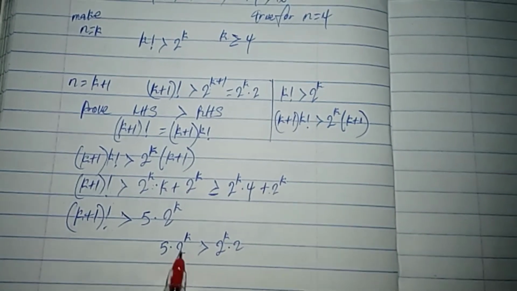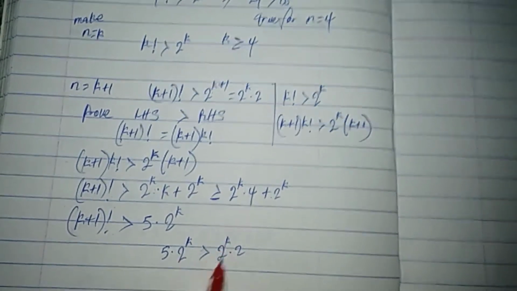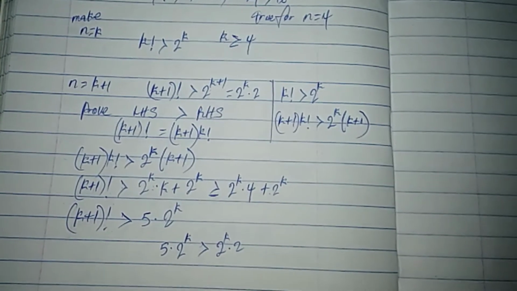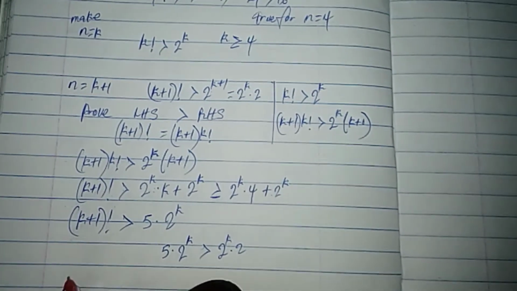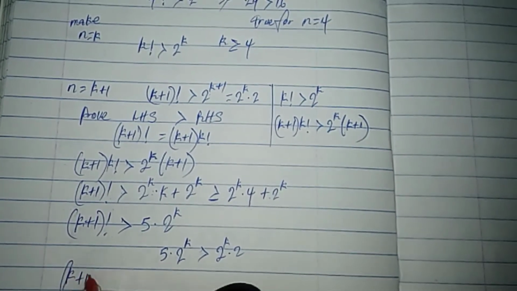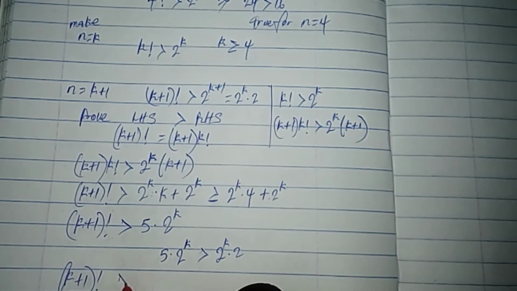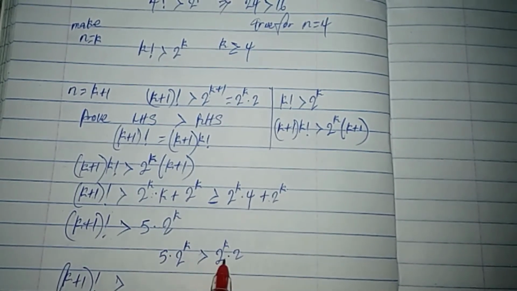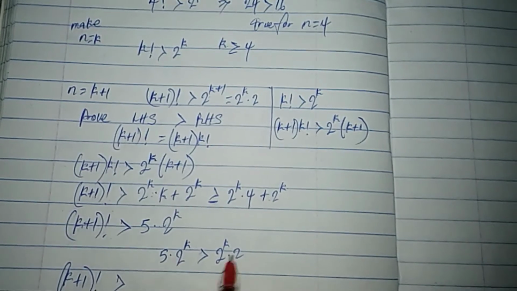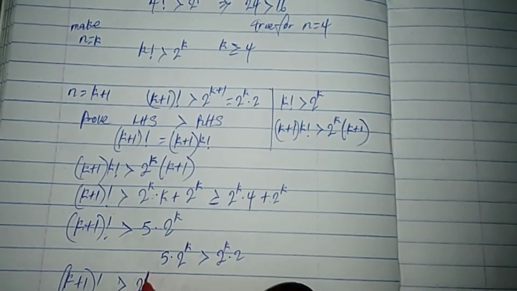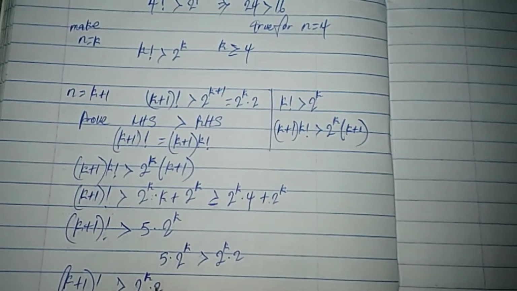Obviously greater than it. 5 of this is greater than 2 of this, of course. So I can deduce from that that k plus 1 factorial is greater than this, and this is greater than this. So therefore this is greater than 2 raised to the power k times 2.